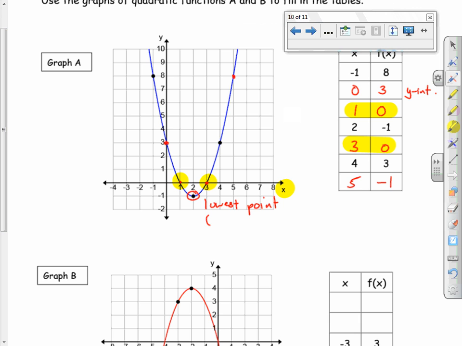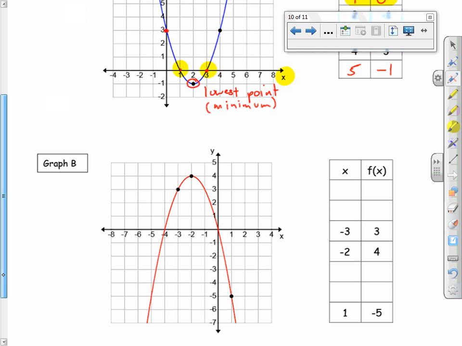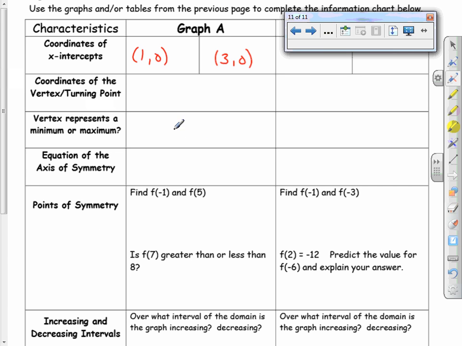Since it's the lowest point on the graph, we call that vertex a minimum point, as opposed to parabolas which are arch-shaped, in which the vertex is the highest point on the graph. And those are called maximums. So you need to determine which one is for which graph.